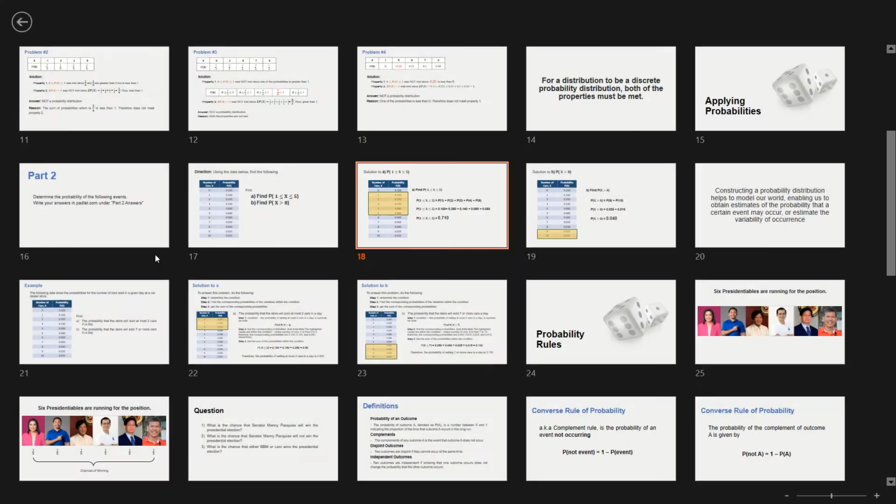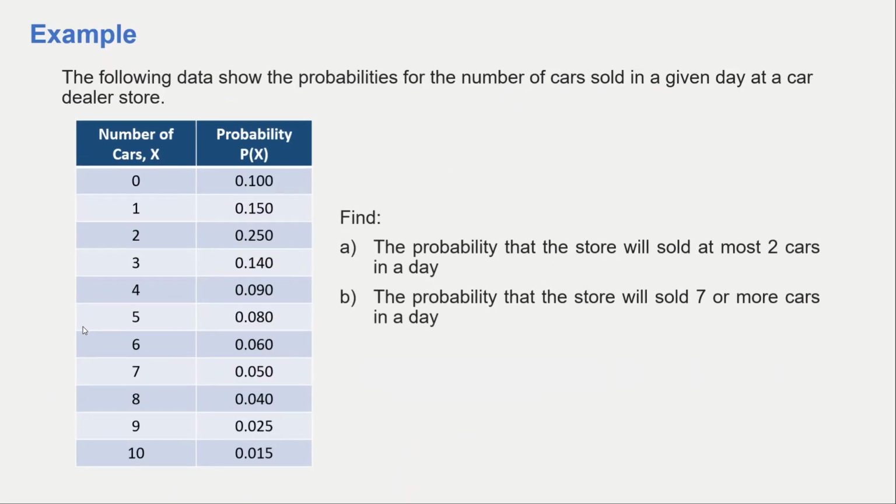So let's have another example. The same situation, but let's go to our problem. It's the same situation only. Using the following data in our probability distribution table, find the probability that the store will sell at most 2 cars in a day and the probability that the store will sell 7 or more cars in a day.